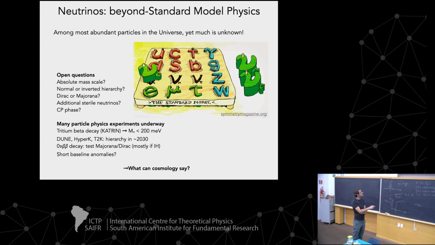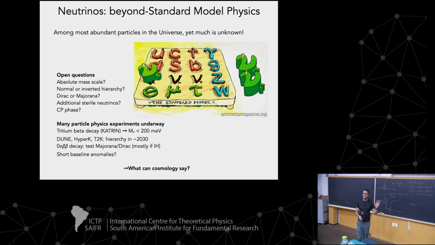There are many particle physics experiments underway which are aiming to tell us a lot more about neutrinos, including constraints on the neutrino mass scale, the hierarchy, so how the masses are ordered, and whether they are their own antiparticle or not. But this is a place where cosmology can place constraints on these quantities that are competitive and maybe in some cases better than particle physics experiments.